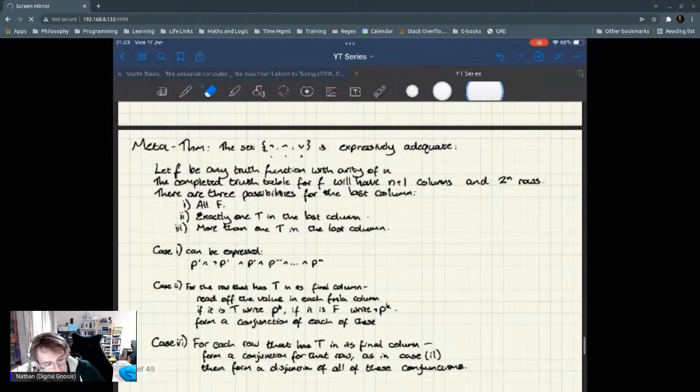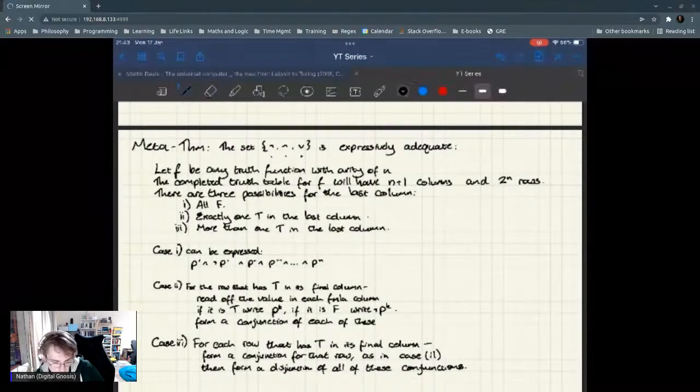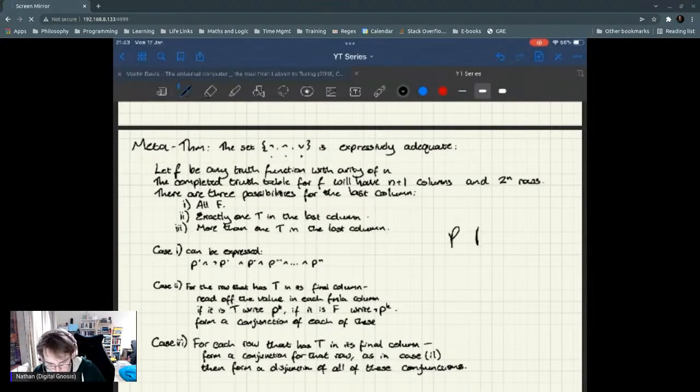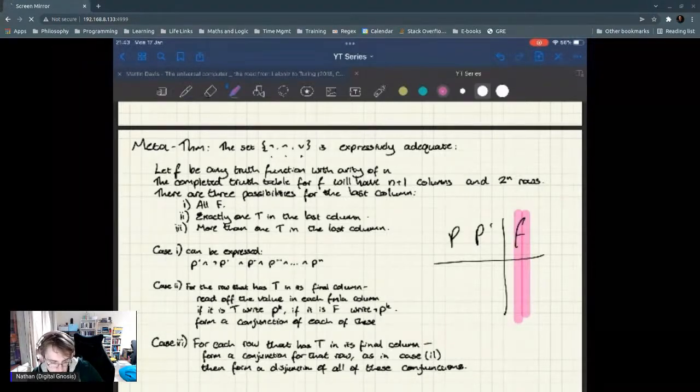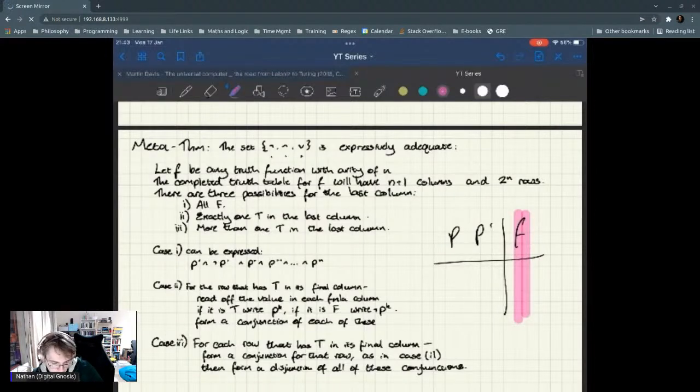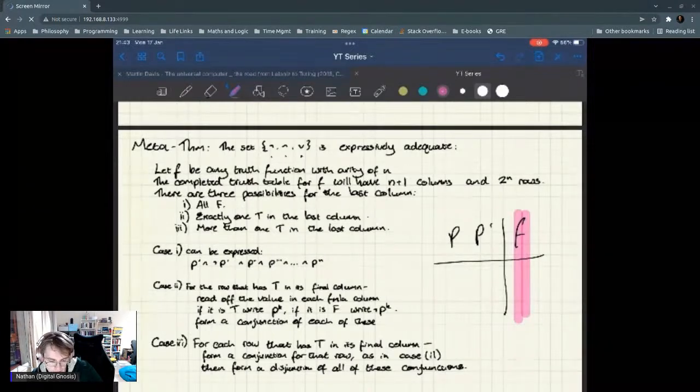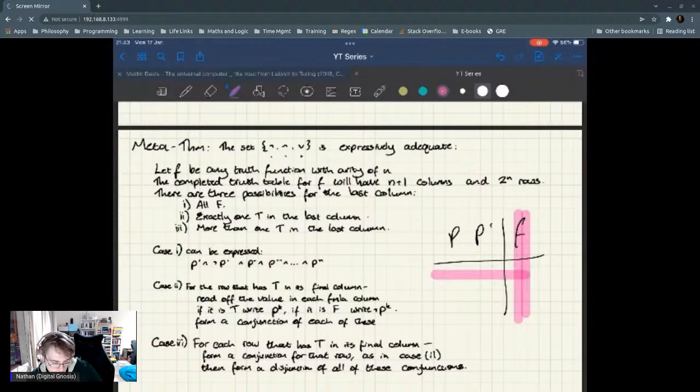Okay, and so there are 3 possibilities for our last column, and I'll just draw out the basic truth table then. So there are 3 possibilities for our last column, which is the one that has our function's values in. Those options are, firstly, everything being false. Secondly, there's exactly 1 true row in the last column.